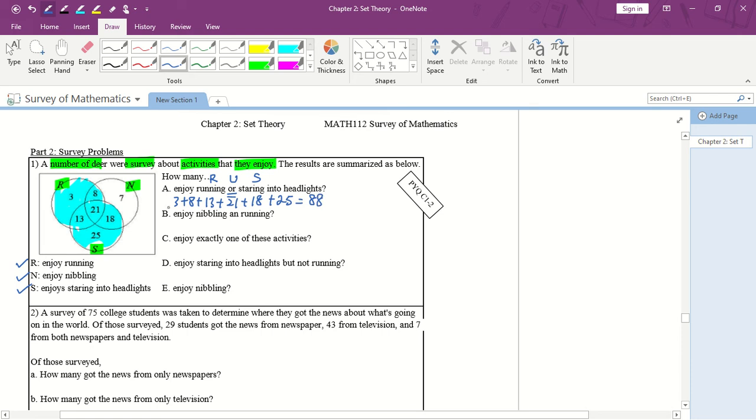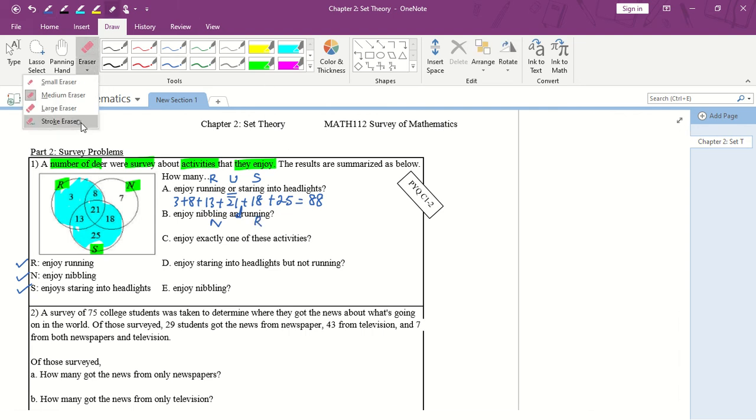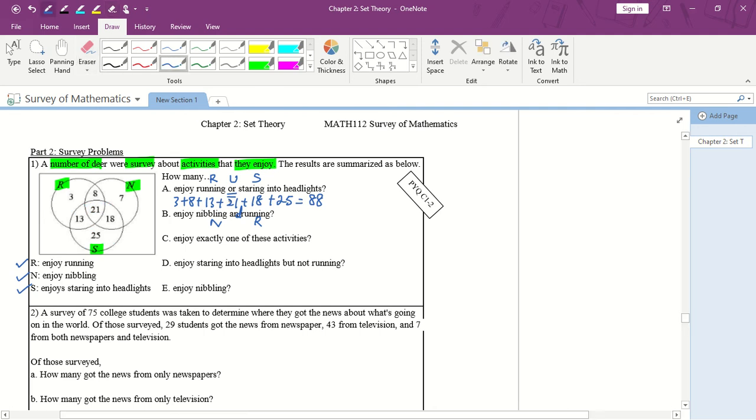Now, the second question: enjoys nibbling and running. Nibbling is N and running is R. The word and means intersect, so it will be N intersect R, and it is this region. That is 8 plus 21, which is equal to 29.